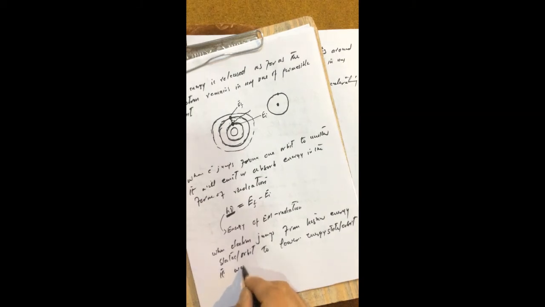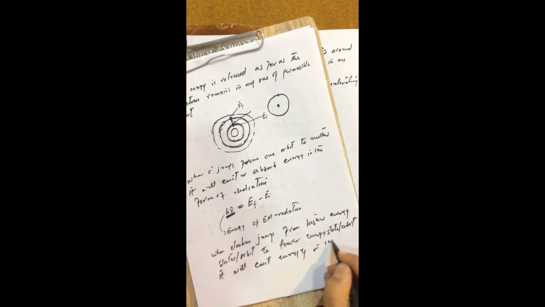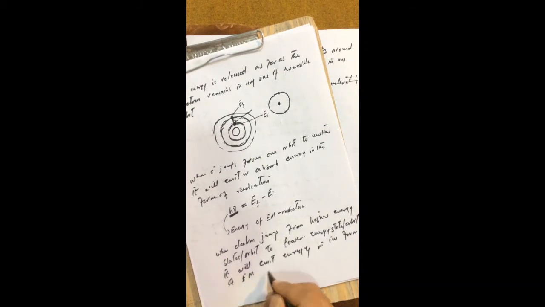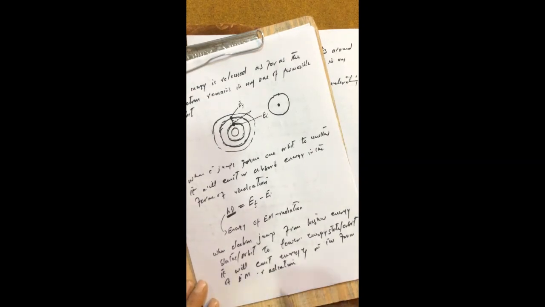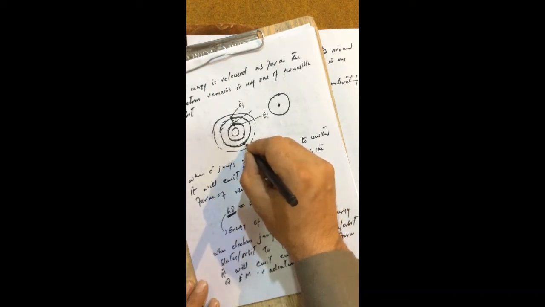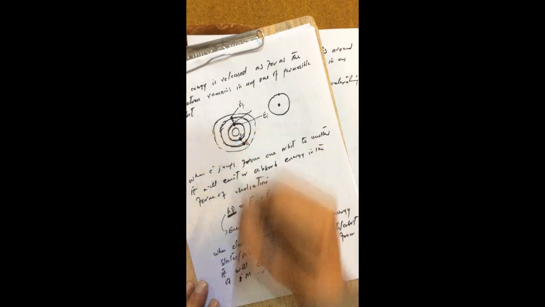It will emit energy in the form of electromagnetic radiation. So here suppose the electron was initially in this orbit. This is the initial state, the initial energy of the electron EI. When it jumped from this higher orbit to this lower orbit, the electron is in this final state EF.